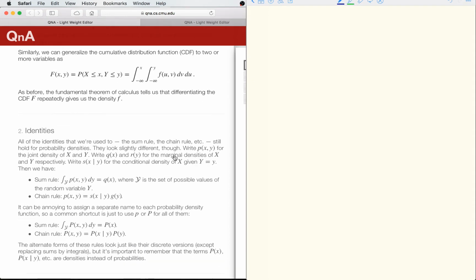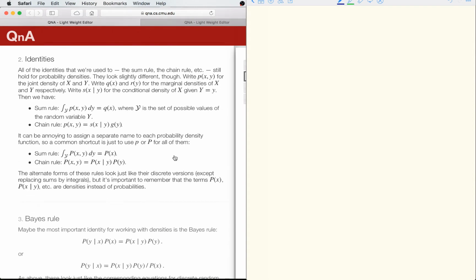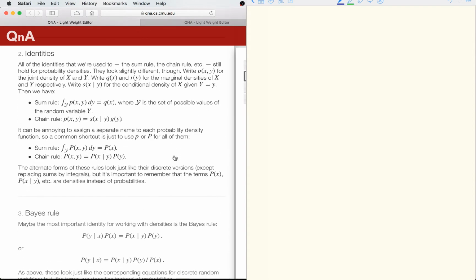All of these identities that we're used to for probabilities hold for densities as well. They look a little bit different, and the difference basically comes from swapping in densities, so you get integrals instead of sums, for example. Suppose we have a joint density P of x, y, and the marginal densities of x and y. Q is the density of x alone, and R is the density of y alone.